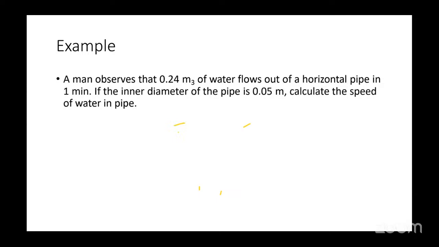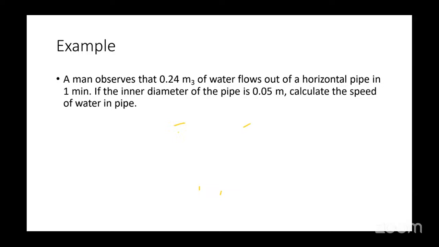That is meter cube, not meter subscript 3, it is meter to power 3.